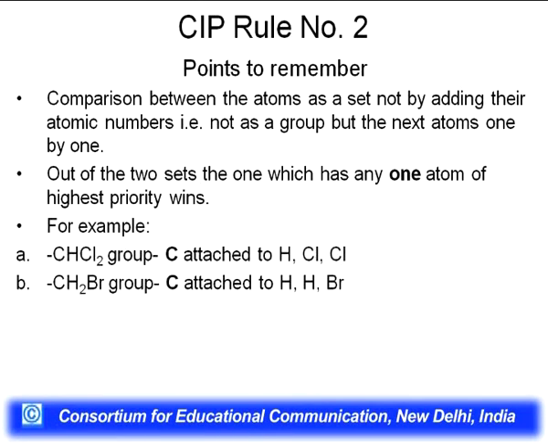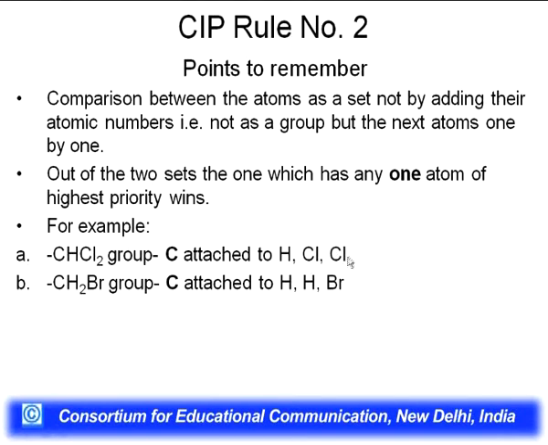I can show you this by 2 examples here. In the first example, I have taken the CHCl2 group. What are the things attached? Hydrogen, chlorine and chlorine, and there is a CH2Br group attached to the chiral carbon. This C has hydrogen, hydrogen and bromine.